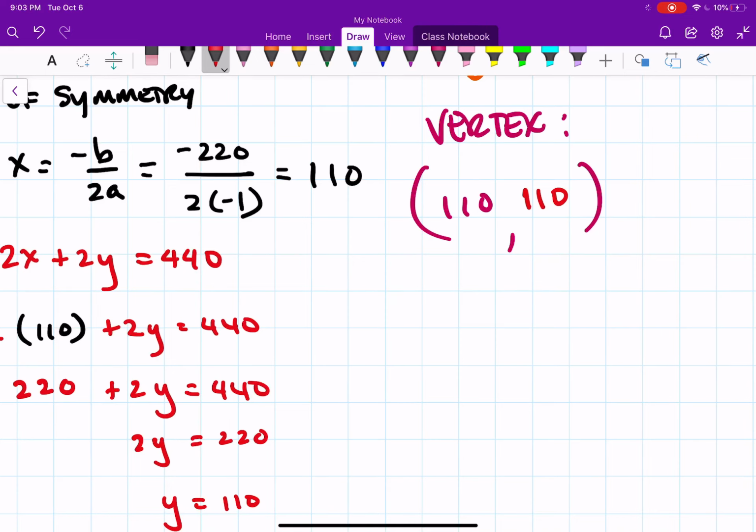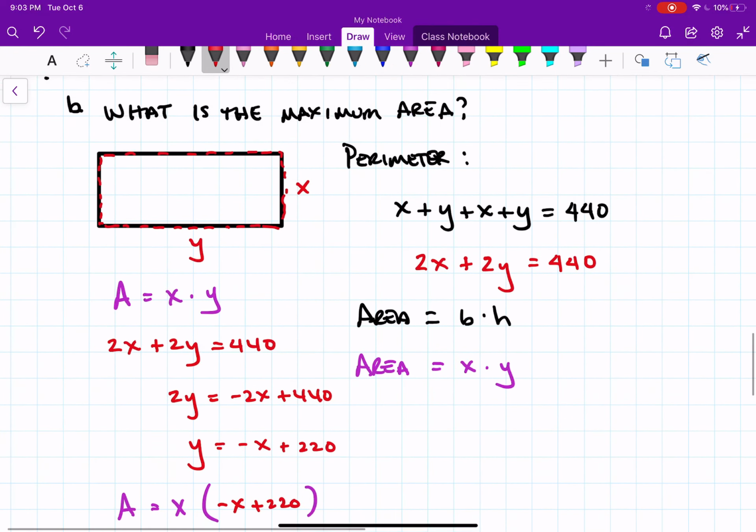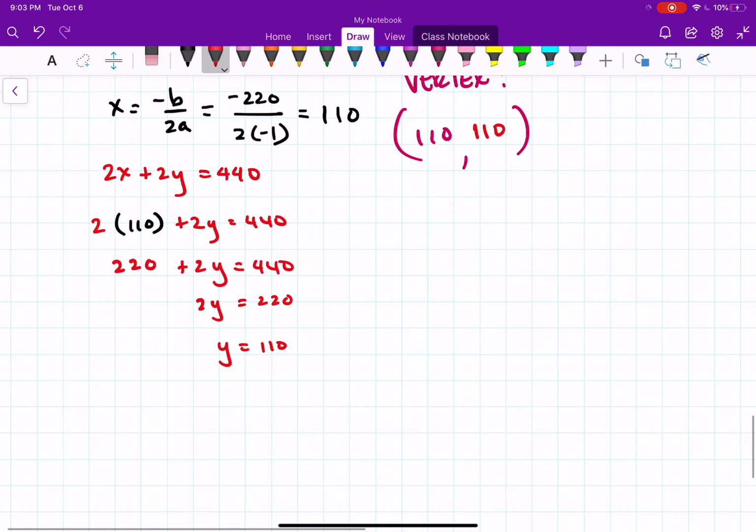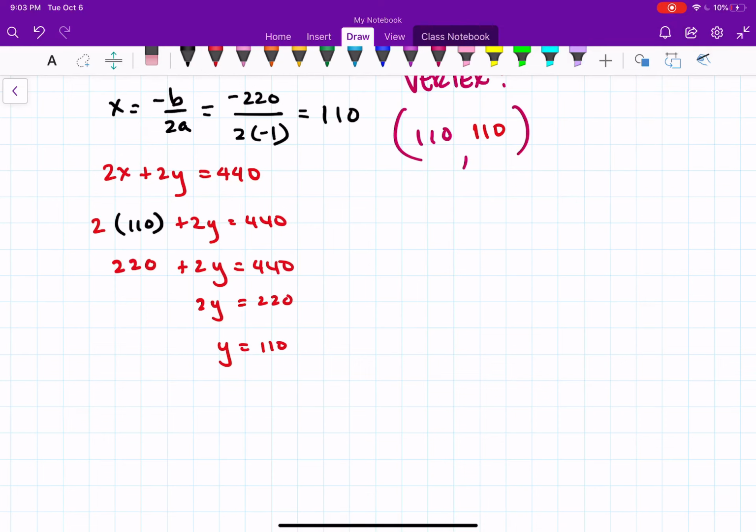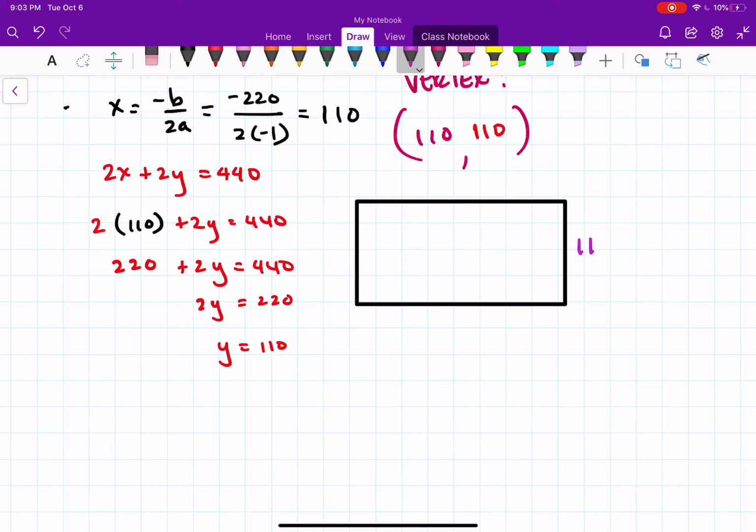Awesome. So if I was to bring this rectangle back down here, wow, that's such a nice rectangle, right? It's telling me that the x is 110, and the y is also 110.